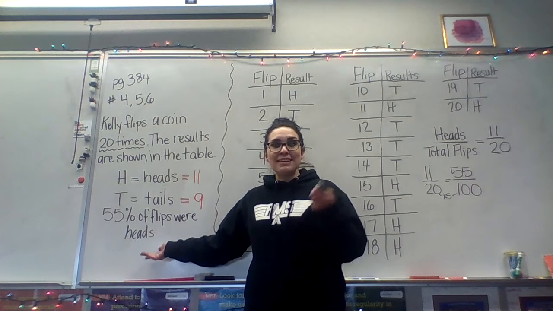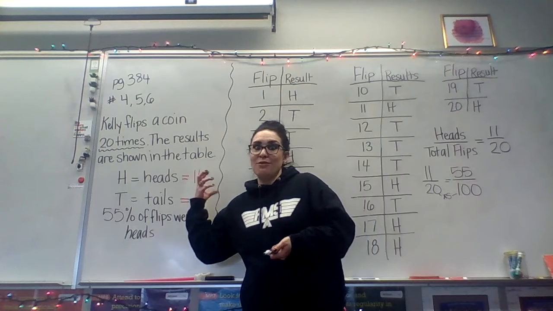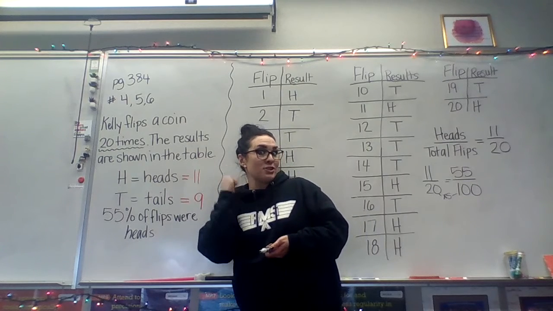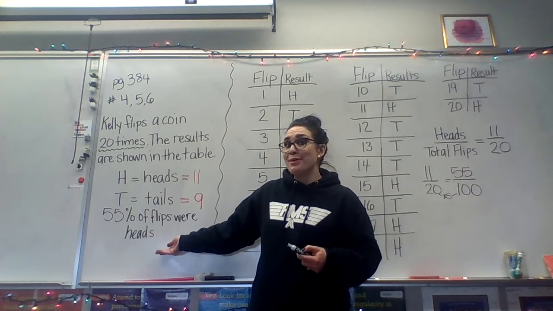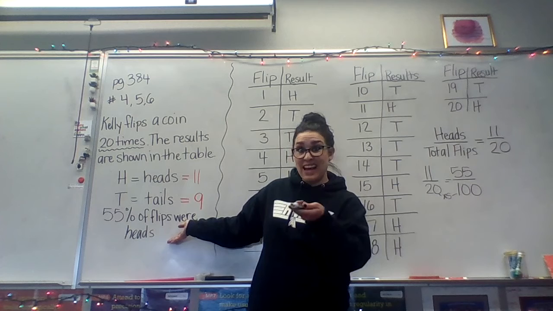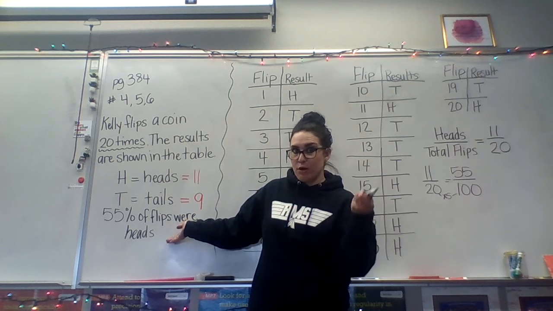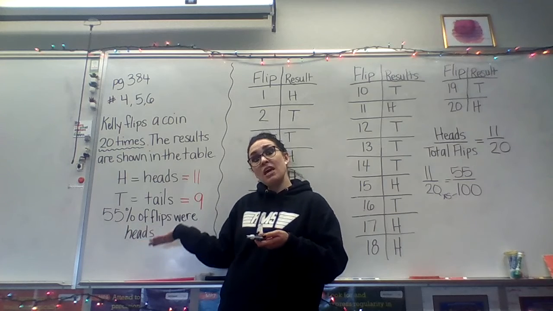So number 6 is asking us, what was bigger, that theoretical probability or the realistic, the actual, experimental probability? In this case, my friends, that experimental probability would be slightly higher because theoretically, an idea would be 50% both ways, but it's actually 55% for heads being up.